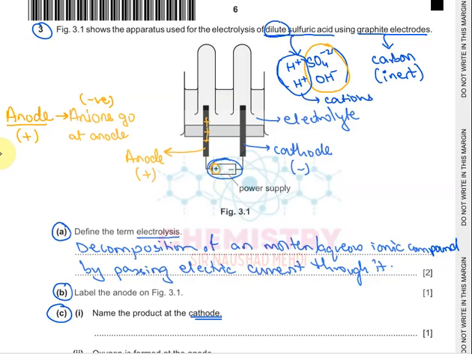At the cathode, these cations will get reduced. They will be gaining electrons. So when the H plus ion goes to the cathode, it will gain an electron to form hydrogen. But hydrogen, you know, is in the form of a diatomic gas. So 2 H plus ions will gain 2 electrons to form hydrogen gas. So hydrogen is your product at the cathode.